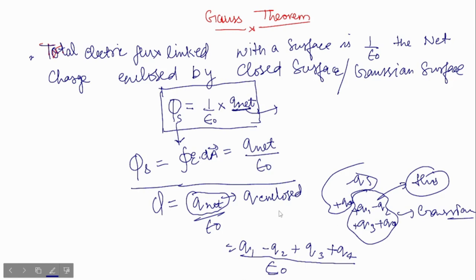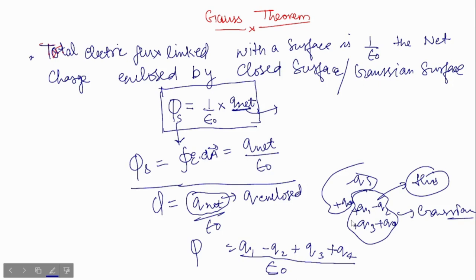So what point did you get from here? The important point is that flux through a Gaussian surface depends only on the charge that is present inside the surface.